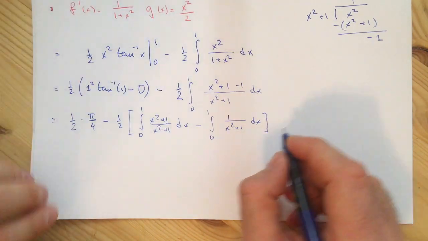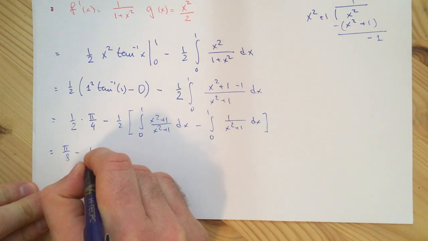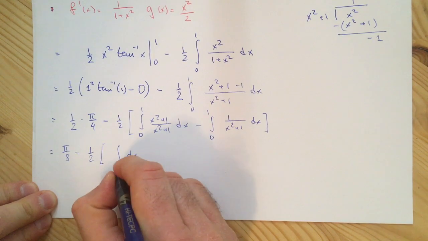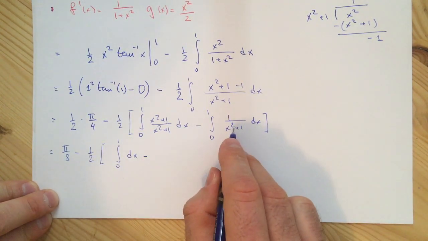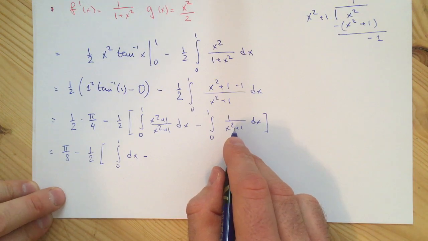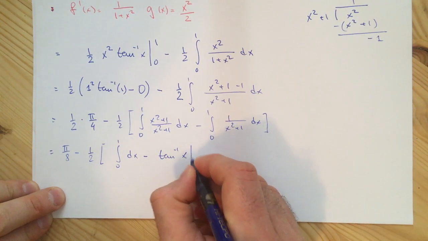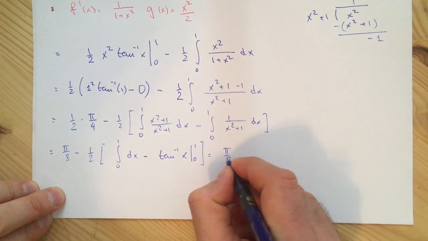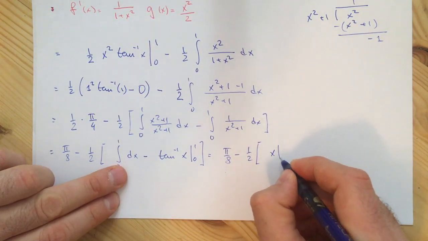So what do we have here? This is pi over 8 minus 1/2 the integral of dx from 0 to 1, that's just 1, minus this integral here, I hope you know it already, that's arctangent of x from 0 to 1, and that's pi over 8 minus 1/2. So this is the integral.